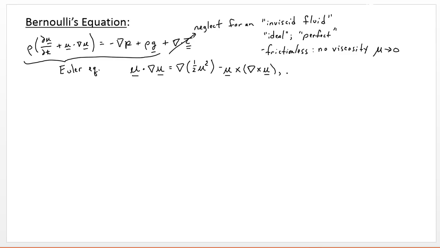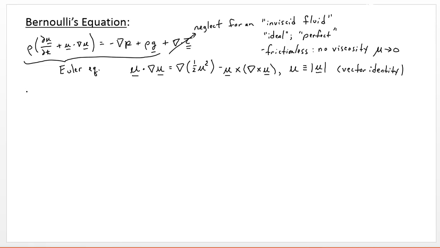Now here, scalar u is equal to the magnitude of the vector u, the velocity. So this is simply a vector identity. And one can prove this rather straightforwardly using index notation that we introduced earlier in the course.